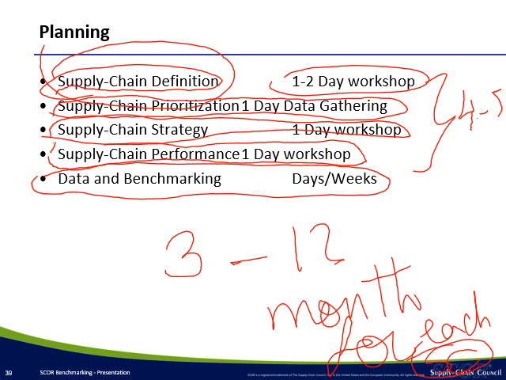So this is not something you need to apply everywhere. Unlike the process part or the lean part, you can do this everywhere. But for the SCOR benchmarking here, you need to apply it when you work as intermediate or upper manager, not as a starting engineer or a fresh graduate.